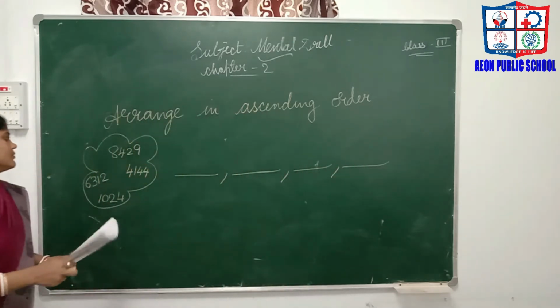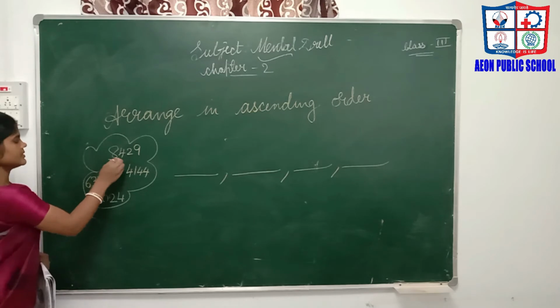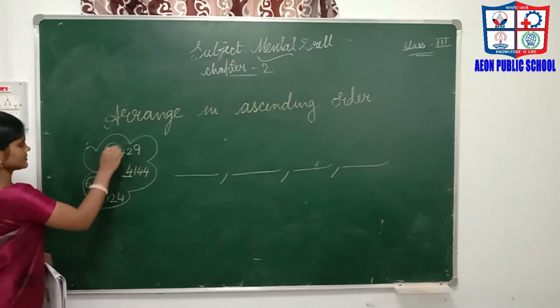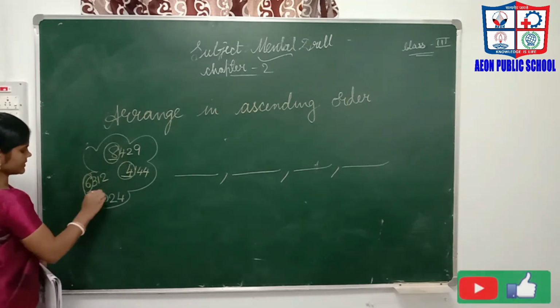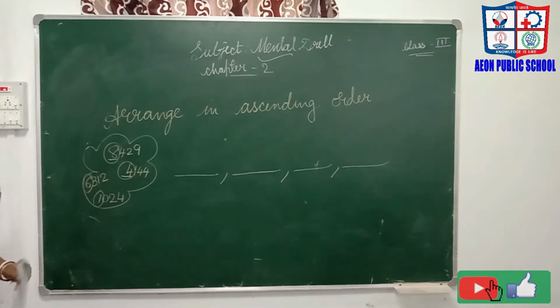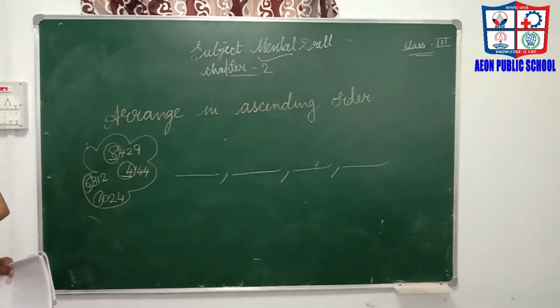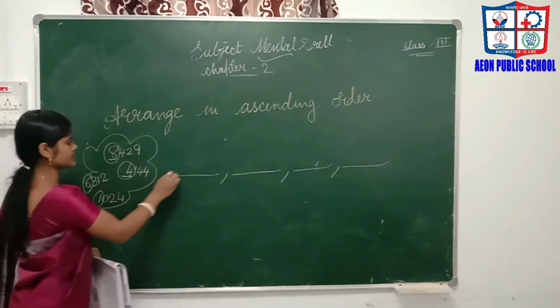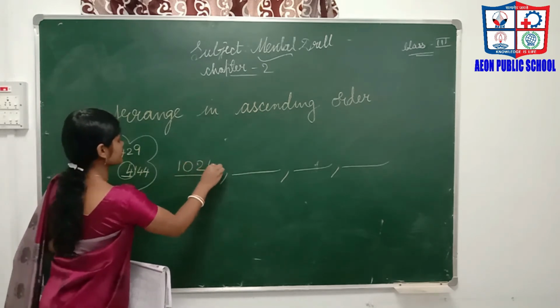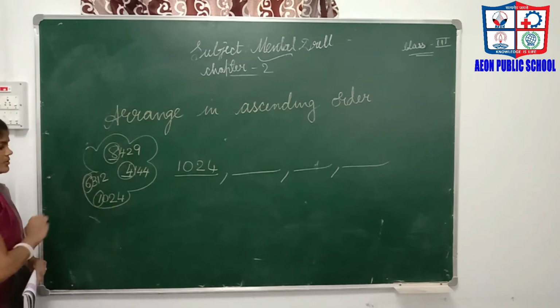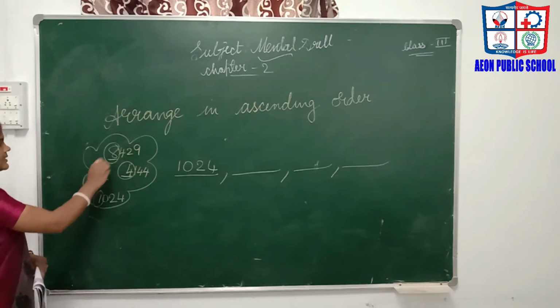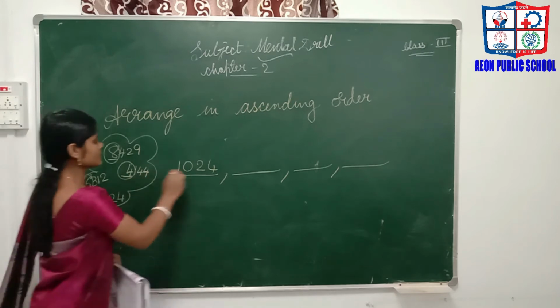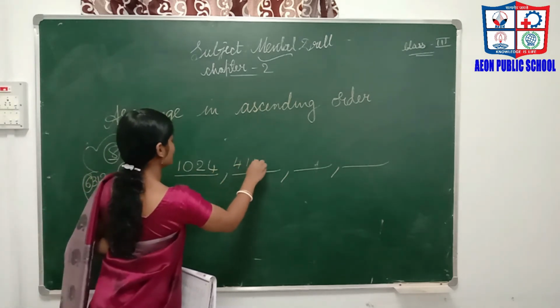So how will you find it? First we have to check the thousands place. First we find which is the smallest number: 8, 4, 6 or 1. Obviously 1 is the smallest number. So you write 1024 first. Then next, which one comes? 4, so 4144.